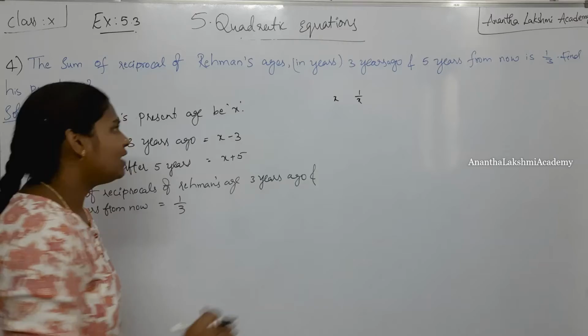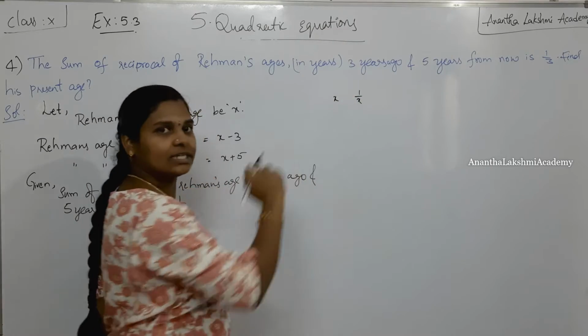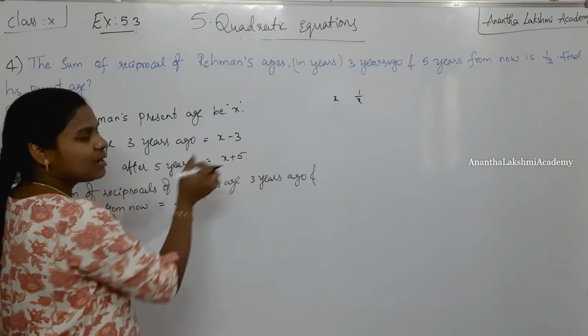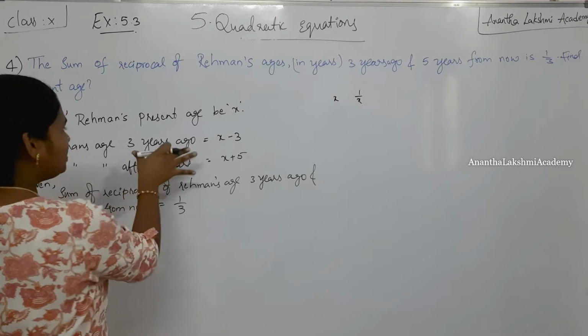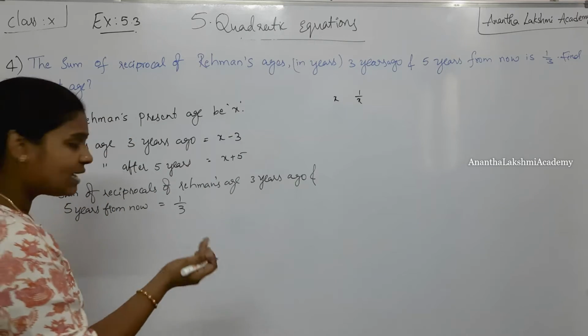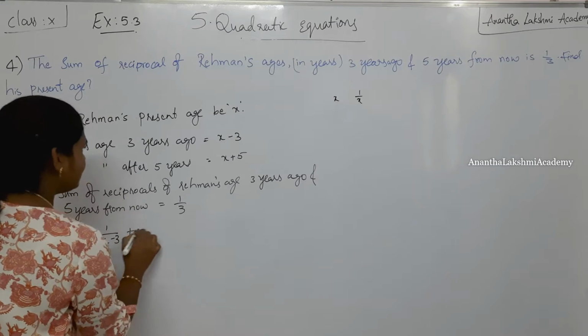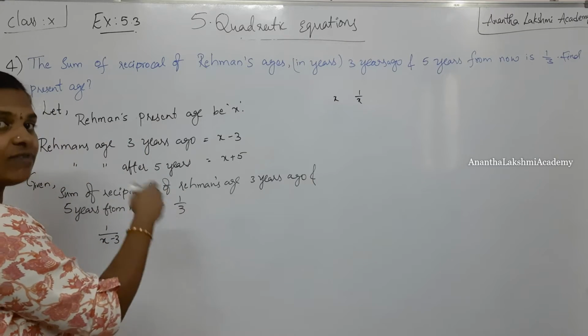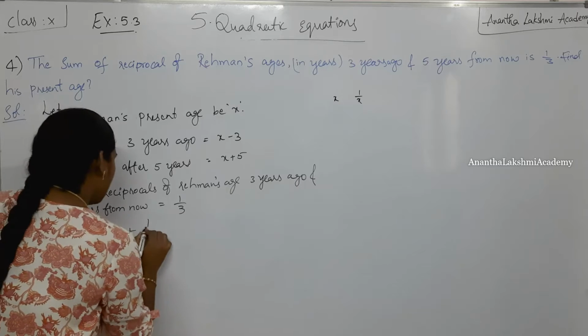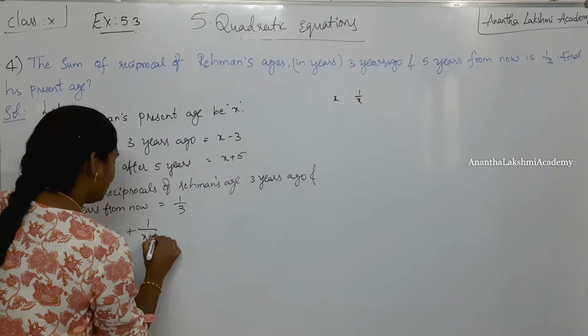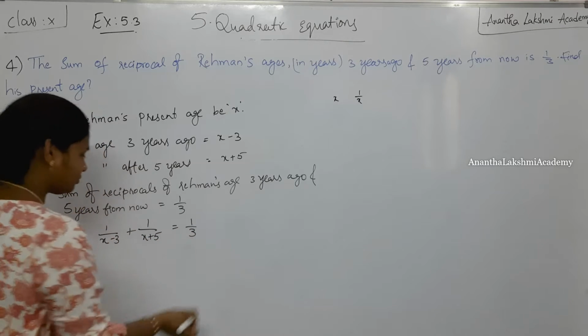I told you, if x is a number, the reciprocal is nothing but 1 by x. So x minus 3 is his age 3 years ago. The reciprocal of x minus 3 is 1 by x minus 3, plus the reciprocal of his age 5 years from now, which is 1 by x plus 5, is equal to 1 by 3.